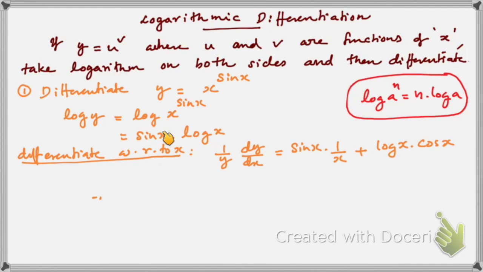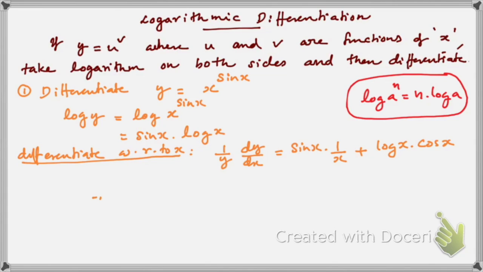So first function sin x into derivative of the second, derivative of v is v dash, which is 1 by x. So sin x into 1 by x plus second function log x into derivative of the first, derivative of sin x is cos x. So it is u into v dash plus v into u dash.